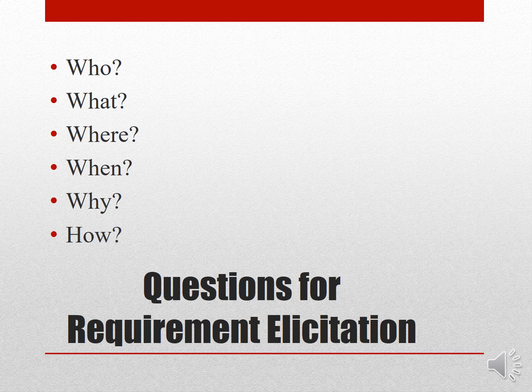Asking how determines the methods used to deliver the functionality. It is concerned with understanding data entry, data processing, and the mechanism for dissemination of the information. So all these are the different types of questions for requirement elicitation used to elicit information about users' requirements.